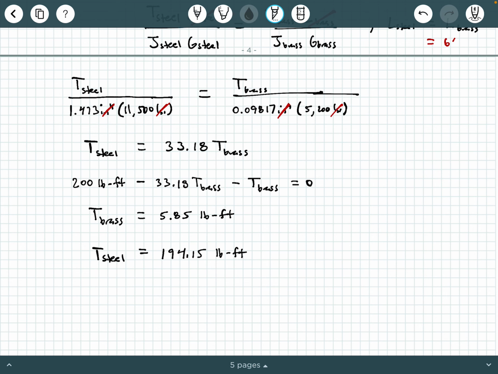So in summary, it does make sense that the steel tube is supporting a much, much larger portion of that 200 pound-feet than the brass core is. And the last observation we want to make is that, as you can expect, if you added these two together, T brass plus T steel, you get 200 pound-feet, which is equal to the magnitude of the applied load, which again makes sense.